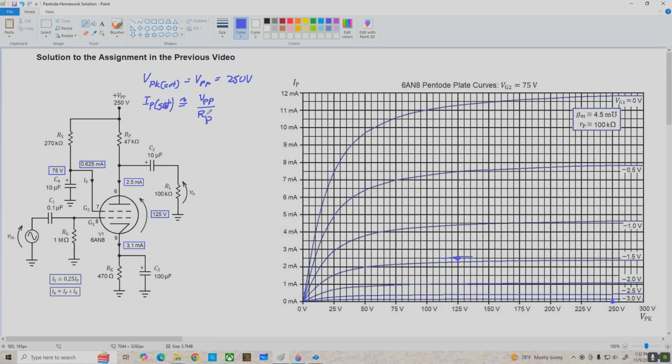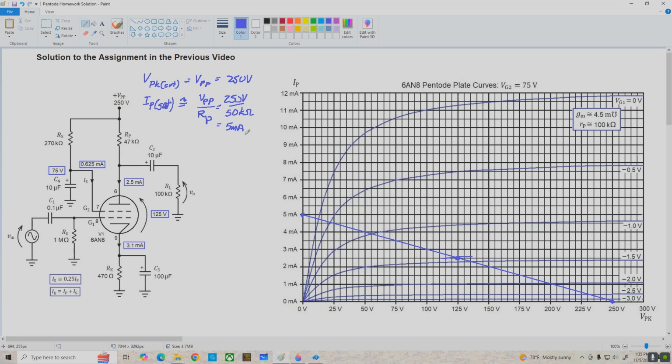And I'm going to use the ideal value. We'd have chosen 50K to make things work out nice. So that's 250 volts divided by 50K ohms. And that is 5 milliamps. So let's mark 5 milliamps over here. And we'll connect these points. And here is our DC load line.